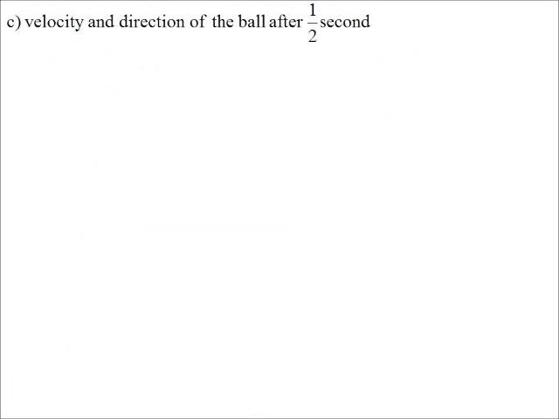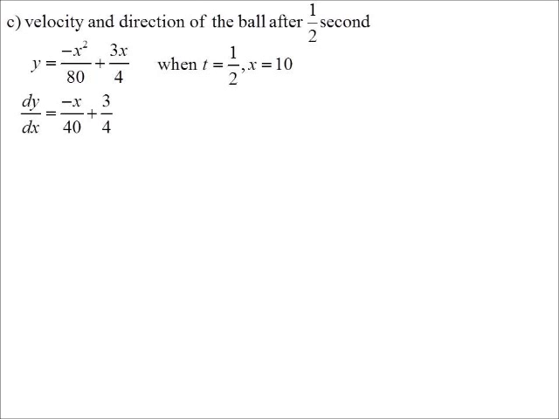The next thing asks us to find the velocity and the direction after half a second. Well, they've put time into this, so I am still going to have to use those parametric ones to get some values. But there's y. I can find the derivative, but I need to know the x value.